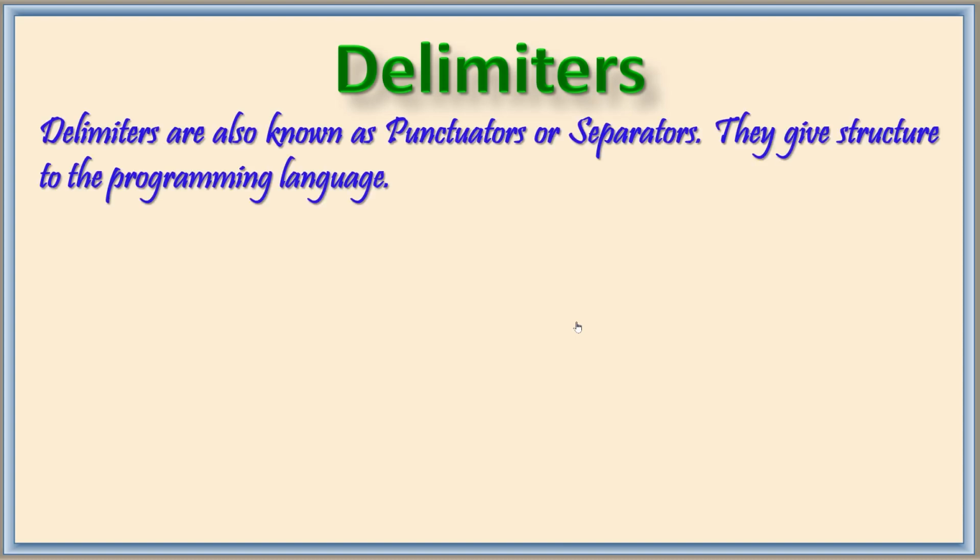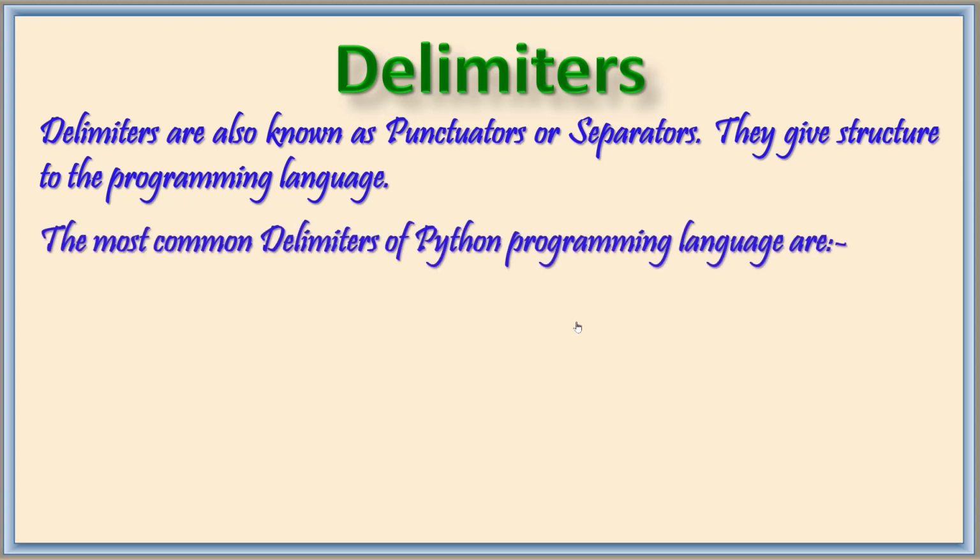At last, in the tokens we have delimiters. Delimiters are also known as punctuators or separators most of the time. They give the structure to the programming language. The most commonly used delimiters of Python are parentheses, square brackets, and curly brackets, all used for grouping, and then dot, comma, semicolon, colon, and at the rate, all of which are punctuation marks.